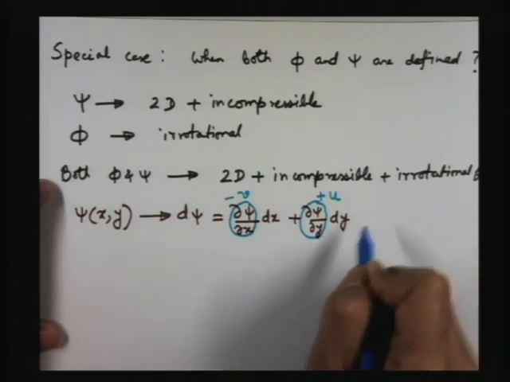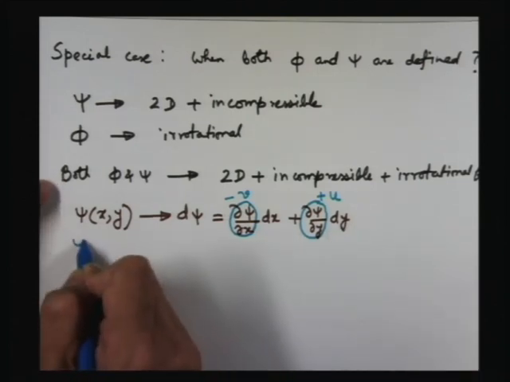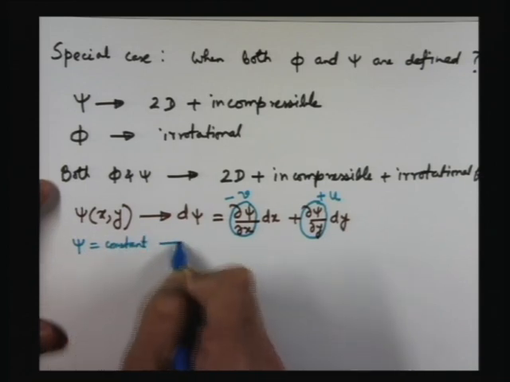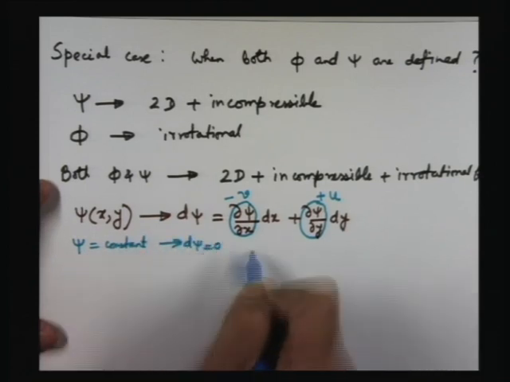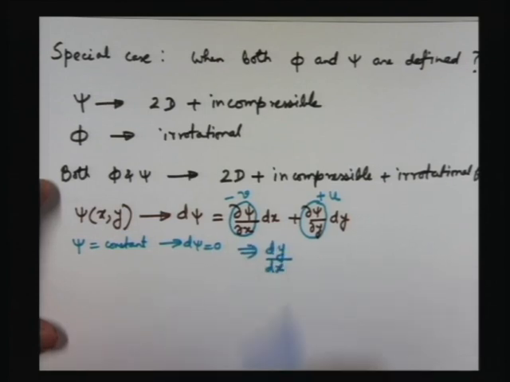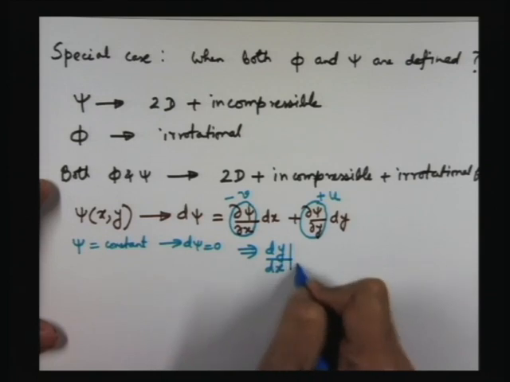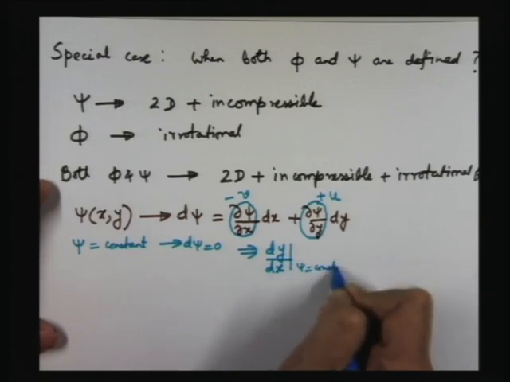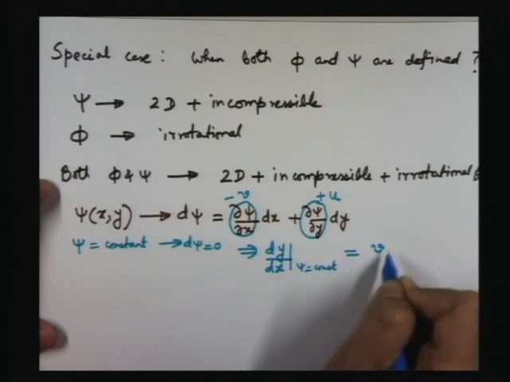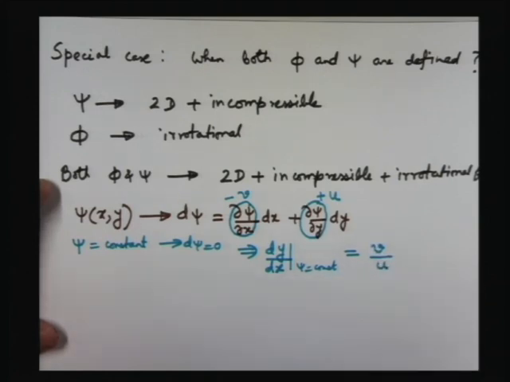So that means when you have psi equal to constant, that means d psi equal to 0. That means dy dx, which is the slope of psi equal to constant line, this is v by u, right?